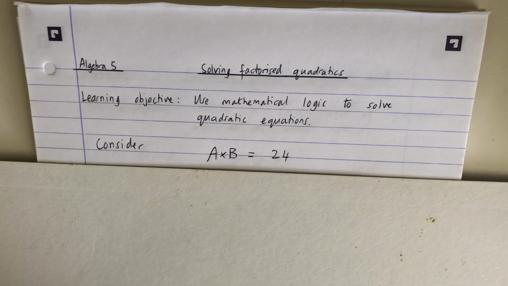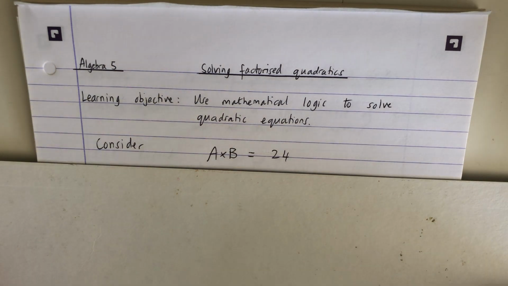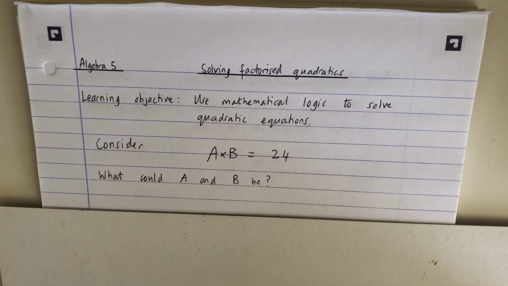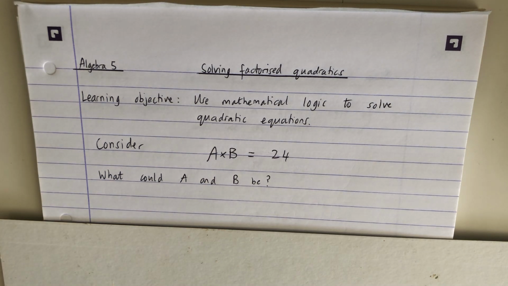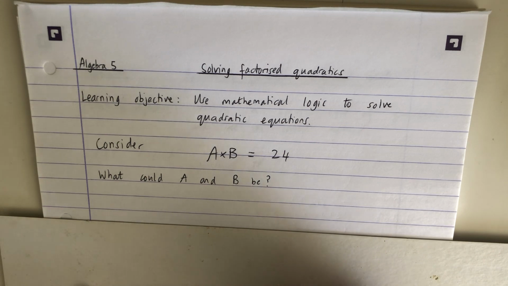We're going to start off not with a quadratic, but with an equation: a times b equals 24. Think about what a and b could be equal to. There are lots of possibilities.